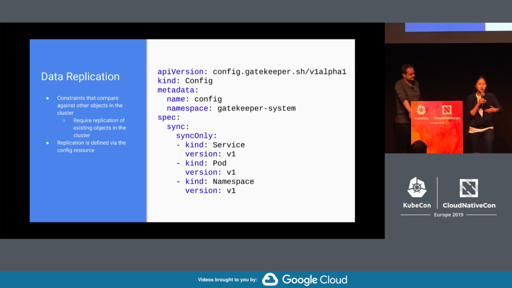So when you compare uniqueness of service or uniqueness of ingress controller host name, that's where, when you execute the Rego logic, the actual rule inside of OPA, OPA needs to have knowledge of the data that's already in the cluster. And that's where data replication comes in. For those types of policies, you can also replicate the data that is required to ensure that this type of policies actually work.